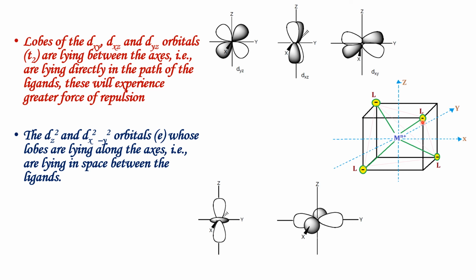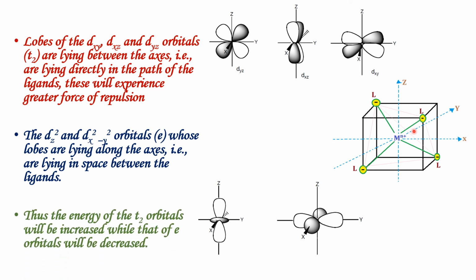So the electrons in these orbitals and the ligand electrons cause less repulsion, so the energy of these orbitals is decreased. The energy of the T2 orbitals is increased due to the greater repulsion. The energy of the E orbitals is decreased here due to less repulsion.